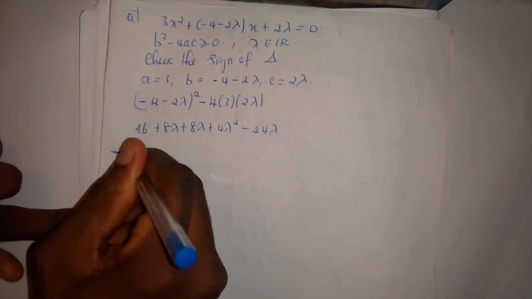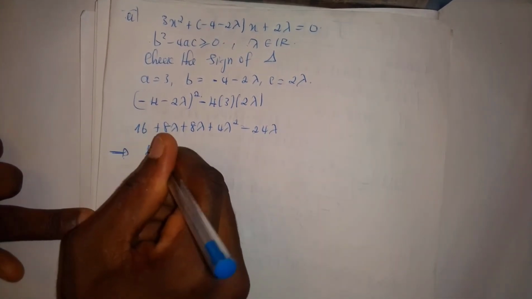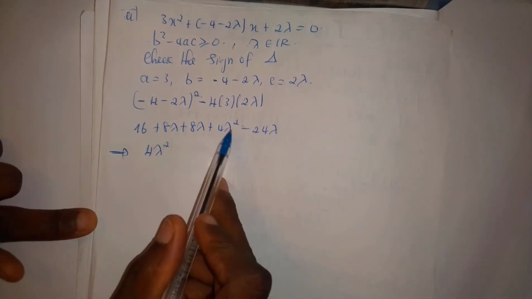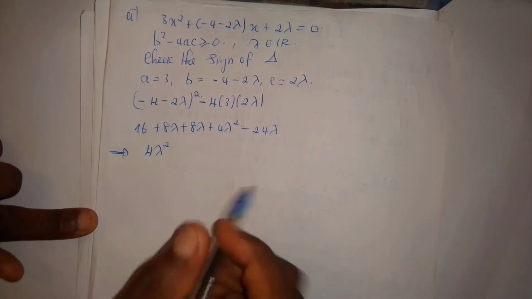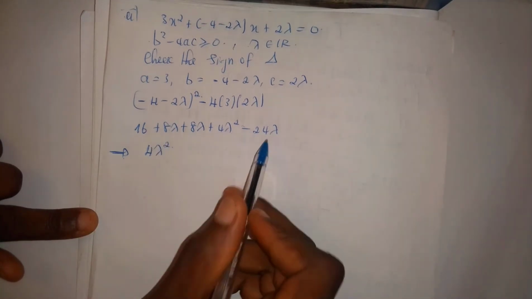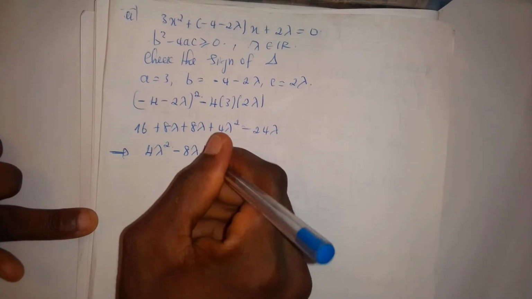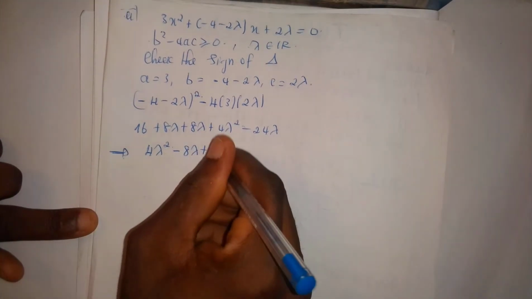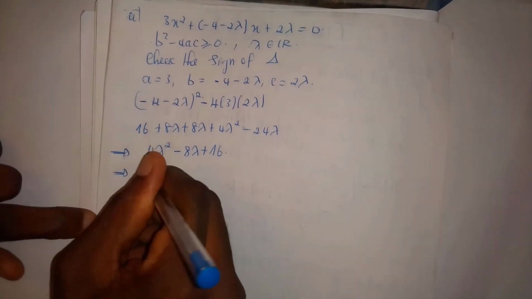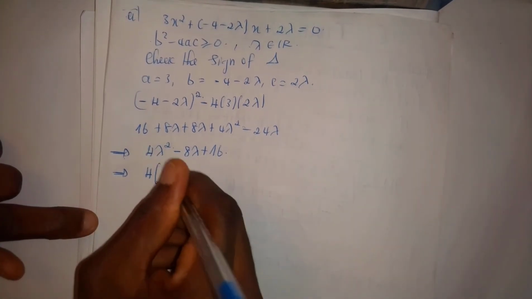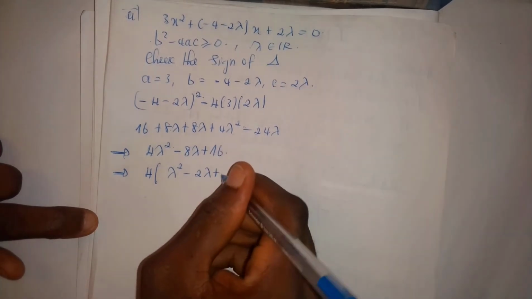So this expression leads us to write it in a quadratic manner: 4 lambda squared, 8 lambda plus 8 lambda is 16, minus 24, that will be minus 8 lambda, plus 16, which is the constant term. But 4 is a common factor everywhere, so I can have 4 into lambda squared minus 2 lambda plus 4.